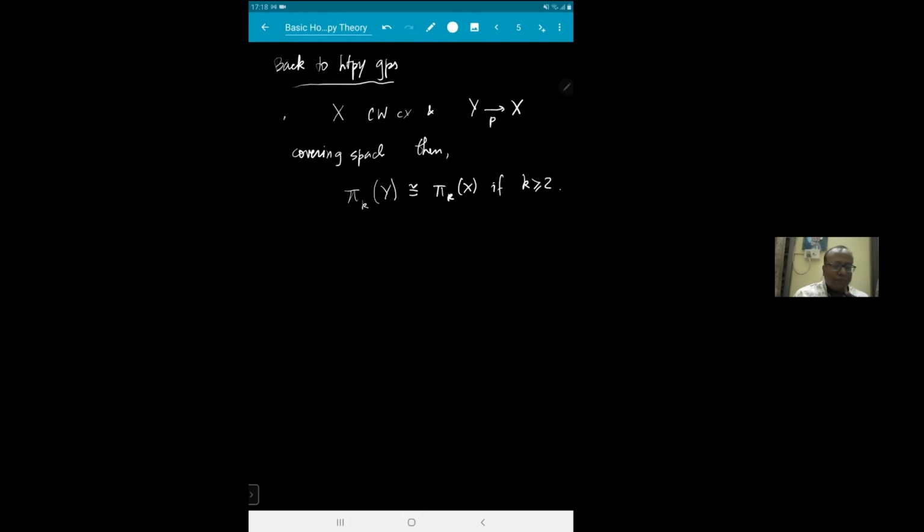That's why I told you about CW complexes, because if X is nice enough, you have the map lifting property and the homotopy lifting property. If you work that out, then you see that the map p lower star is surjective as well as injective.